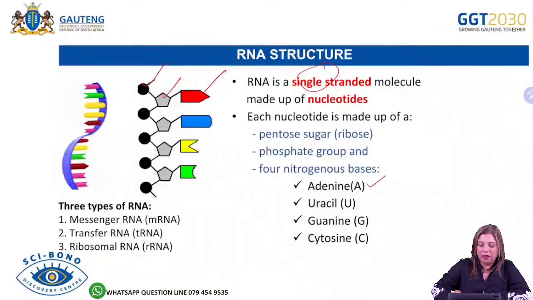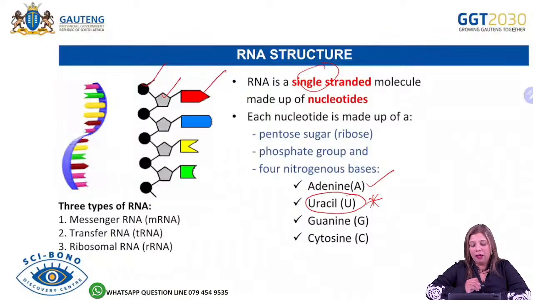So you have adenine, which is abbreviated A, uracil, which can only be found in RNA, and guanine and cytosine. So I've highlighted uracil because uracil can only be found in RNA. When it comes to DNA, we will find thymine in DNA as a nucleotide base that pairs with adenine.